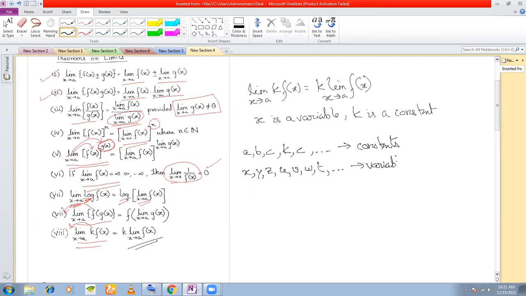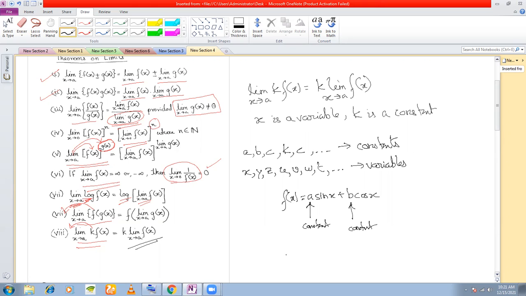As we move along with the concepts of calculus, you will come to know that these are some of the standard notations that we use. Suppose a function is given to you as f(x) is equal to a sin x plus b cos x. Then you must understand that a must be a constant because it is a standard notation, and b must be a constant.